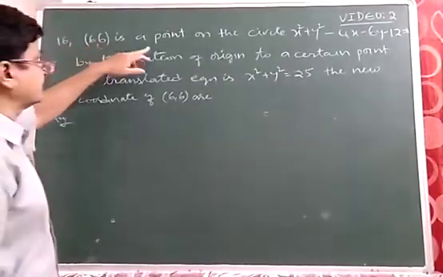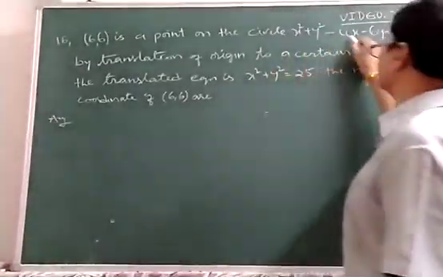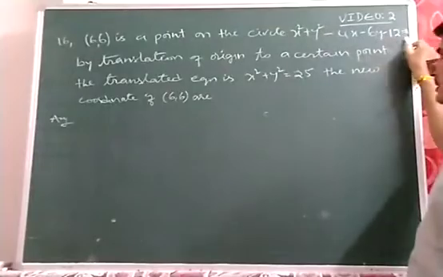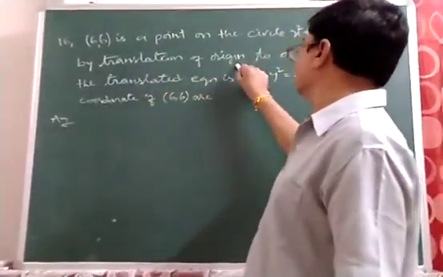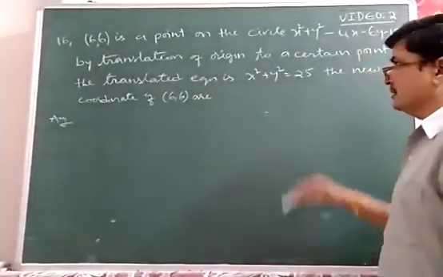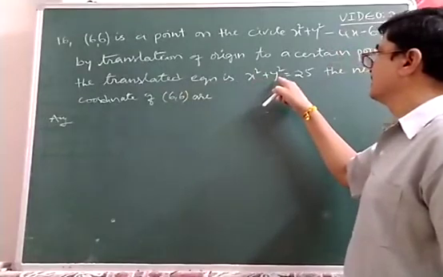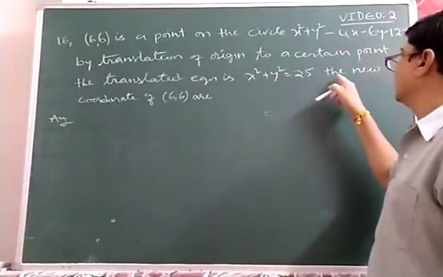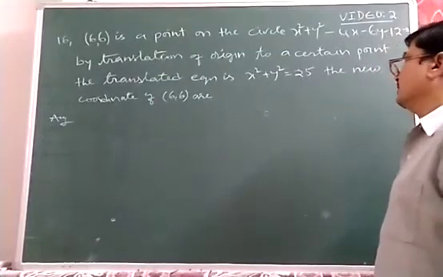Question number 16. 6 comma 6 is a point on the circle x square plus y square minus 4x minus 6y minus 12 is equal to 0. By translation of origin to a certain point, the translated equation is x square plus y square is equal to 25. The new coordinates of 6 comma 6 are?